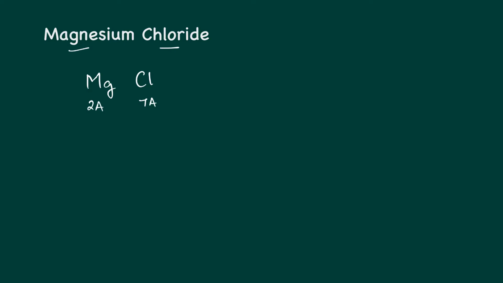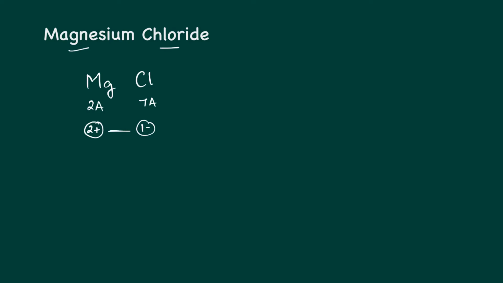And now that you know their group numbers, you will then know that this is 2 positive and chlorine is 1 negative. Now at this point, you have 2 positive charges on magnesium and 1 negative charge on chlorine. Your job is to balance these out so that if you add these 2 charges together, you should get 0.